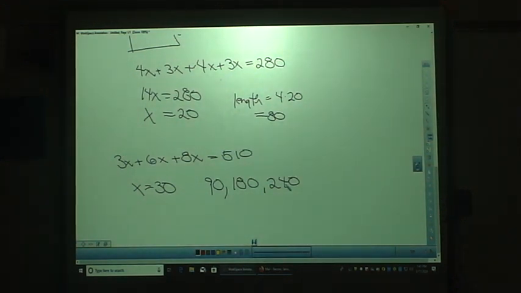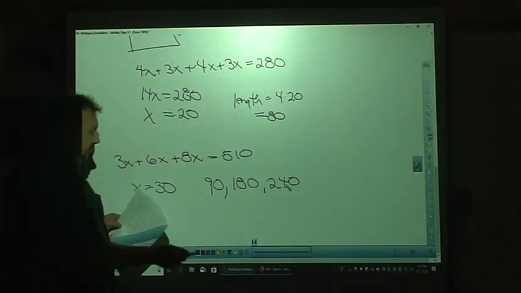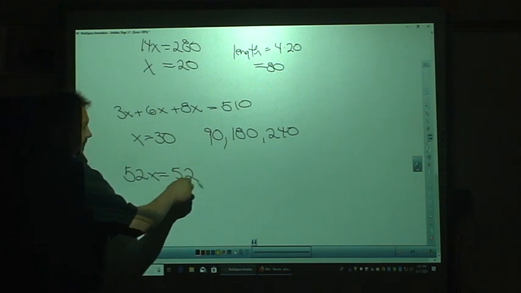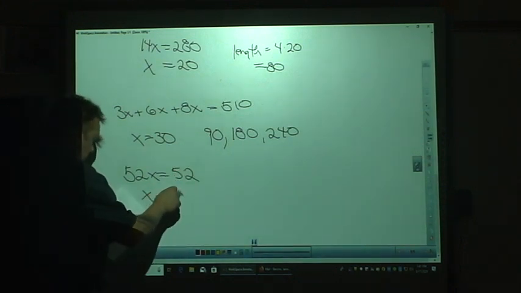To solve a proportion, you're going to cross multiply. So for number 6, you'll do 52x equals 52, x equals 1.